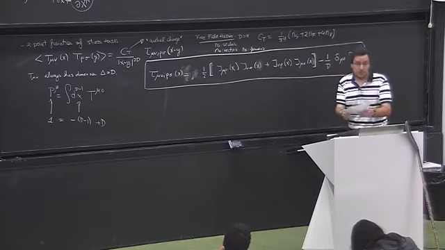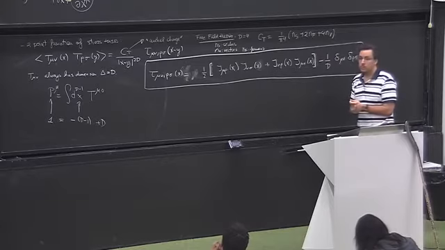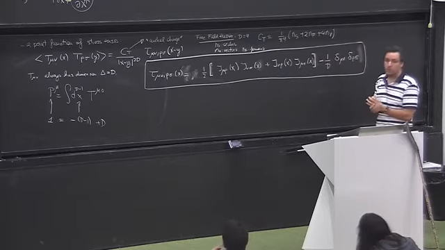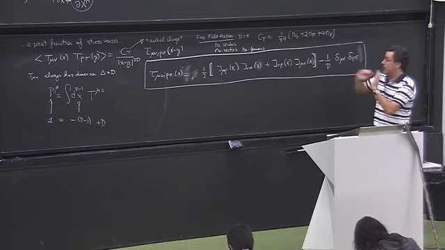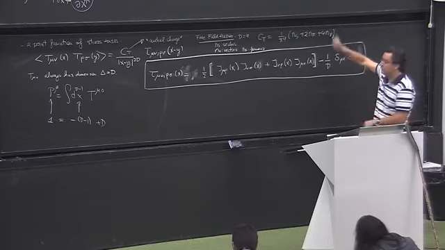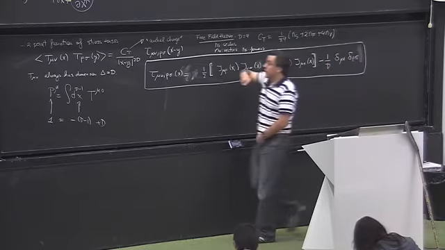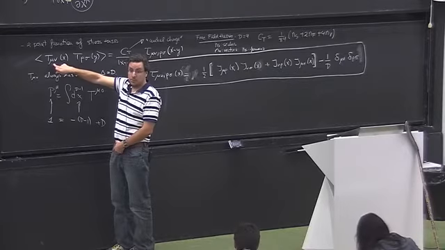The way you would compute it is that you write down the stress energy tensor associated, and I think in the homework you are computing the stress energy tensor for scalars and vectors. So just write down the stress energy tensor for a scalar, a vector, and a fermion. Forget about the fermion if that's too complicated. And just calculate in free field theory the 2-point function of this object.